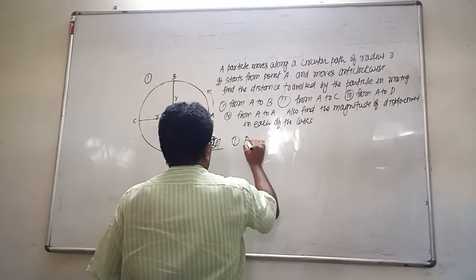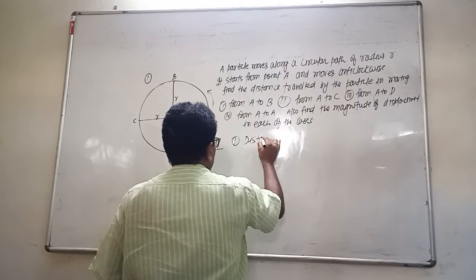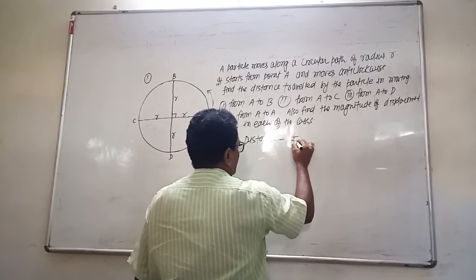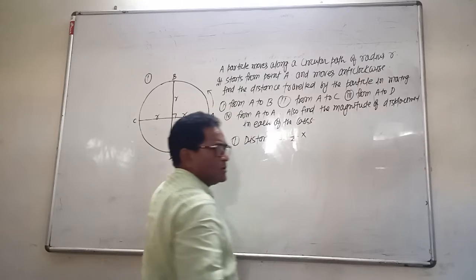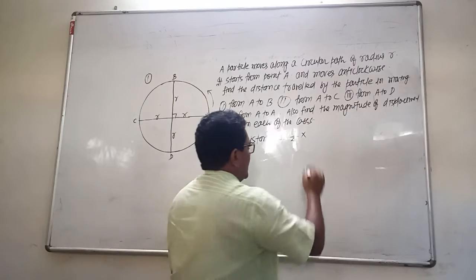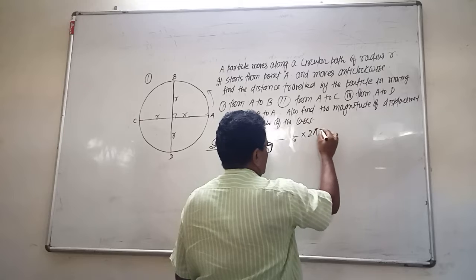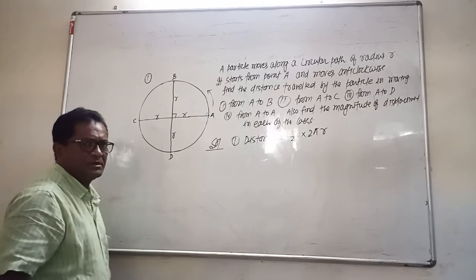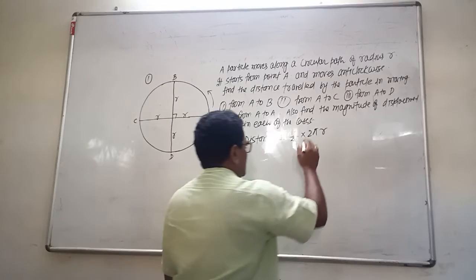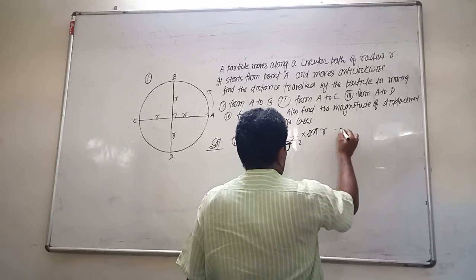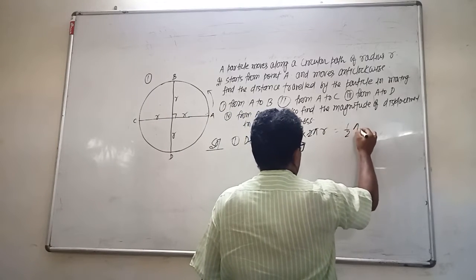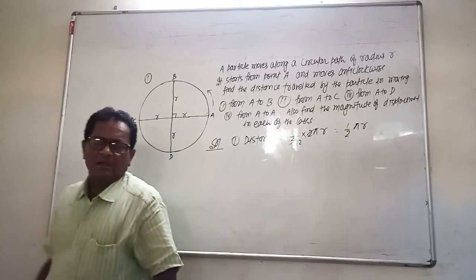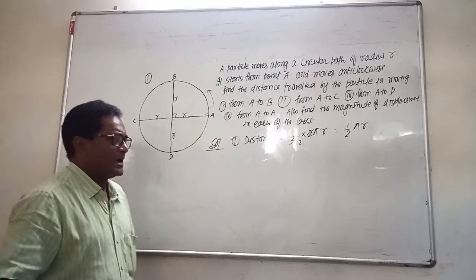So in first case, the distance covered is 1/4 part of the total circumference, and the circumference is 2 pi r. So it becomes 1/2 pi r. The distance covered in going from A to B is 1/2 pi r.